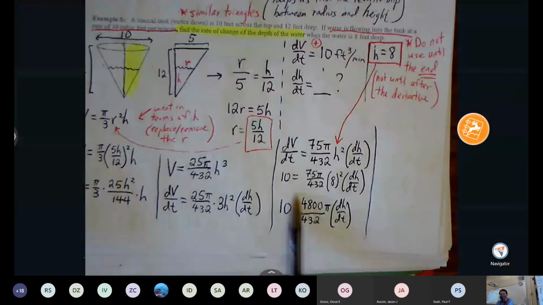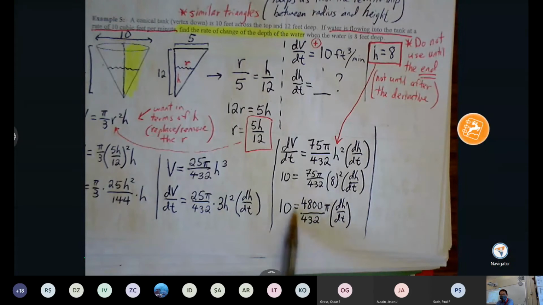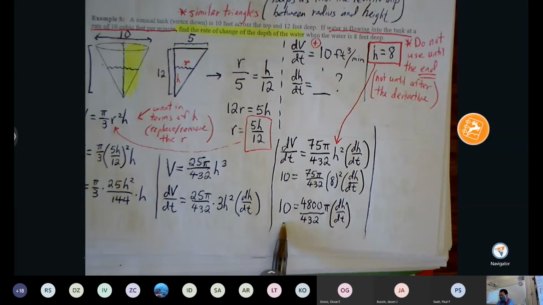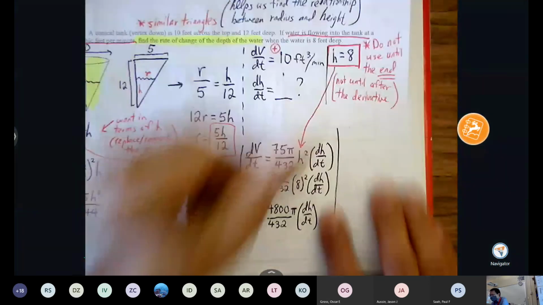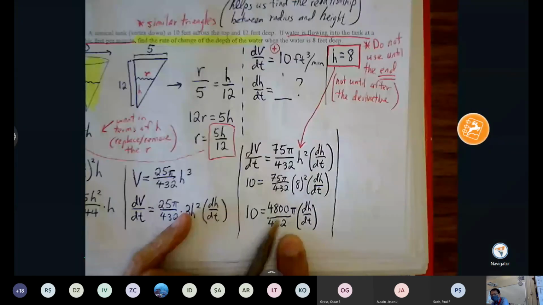Okay, maybe you have reduced it further, which is fine. Either way, I have to move this over to the left side, right? So dividing by a fraction is the same thing as what? Yeah, dividing by a fraction is the same thing as multiplying by the reciprocal. That just makes it a little bit easier rather than having to divide by 4,800 pi over 432. Maybe you've reduced it earlier already, which is fine.